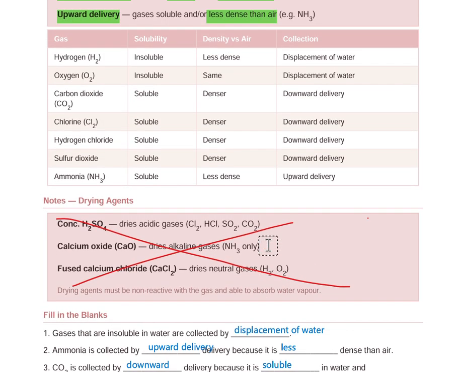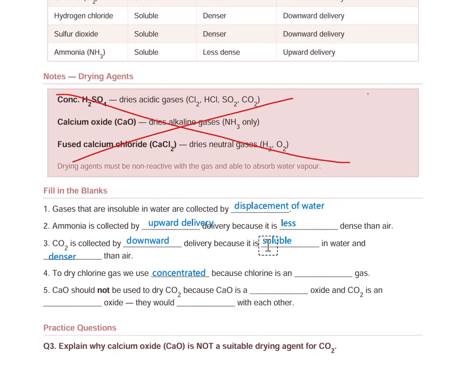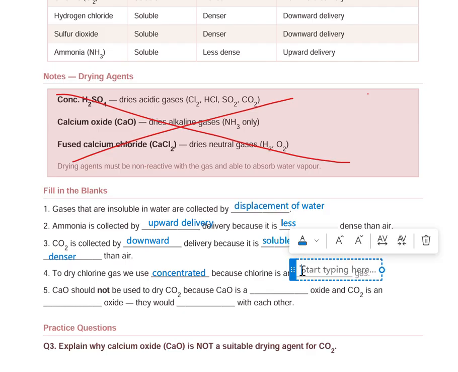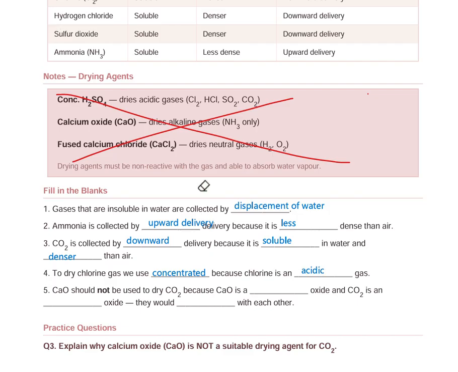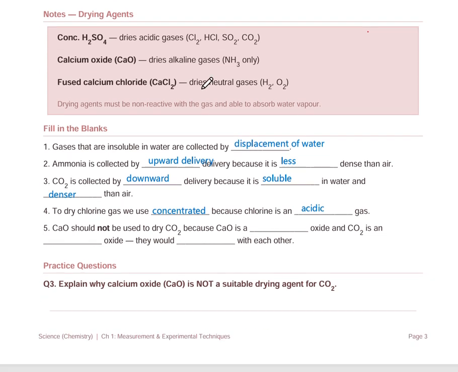Oops, I think I'm lagging. It's okay. We use concentrated sulfuric acid because chlorine is acidic, I guess. My bad, I think I'm sleepy already. These things are just tested, but it's not the real term. You just have to know about acidic and alkaline gases for now, I think. I forgot my sentences.